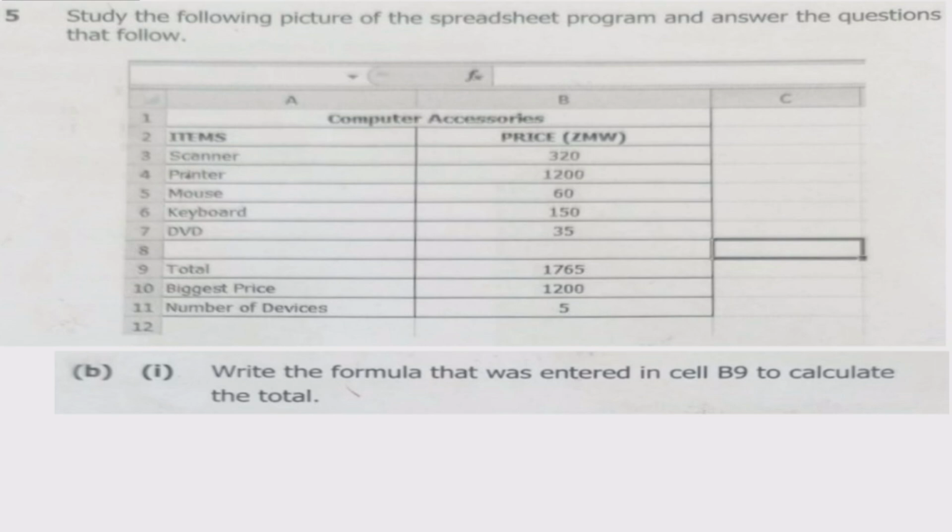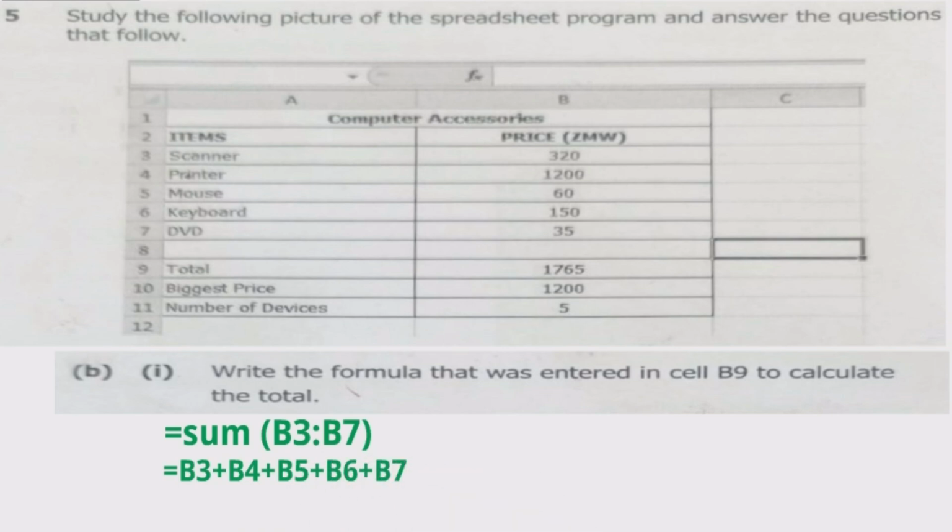The formula that was entered is equal sum open bracket B3 colon B7 close bracket, which is equal to B3 plus B4 plus B5 plus B6 plus B7. That is the formula that was entered.